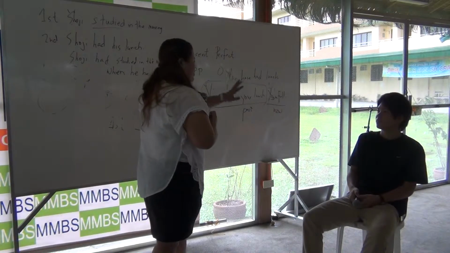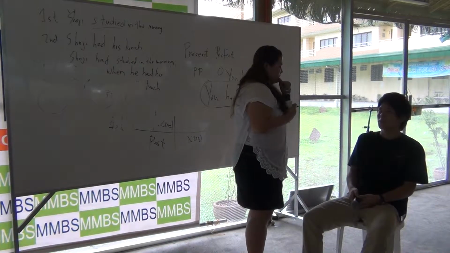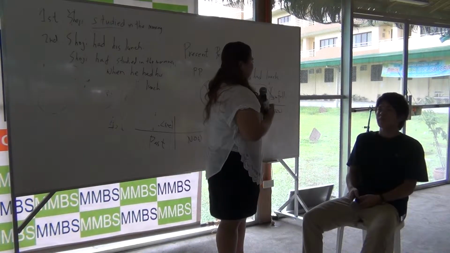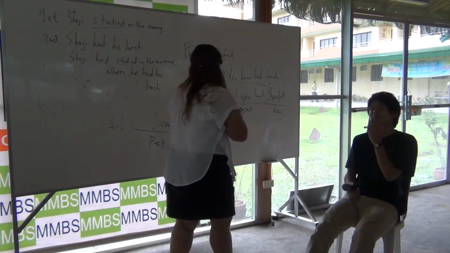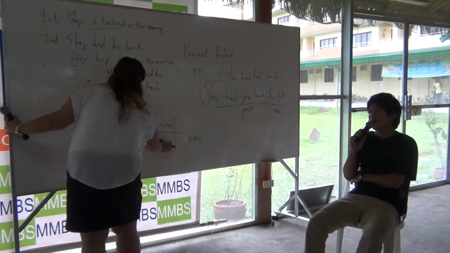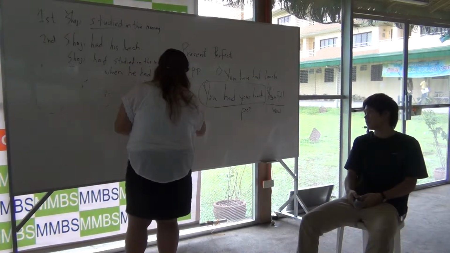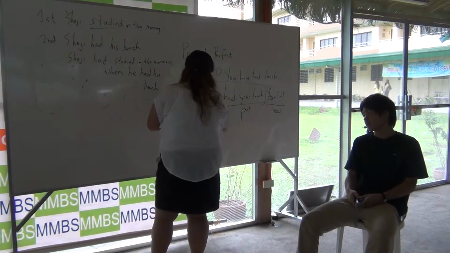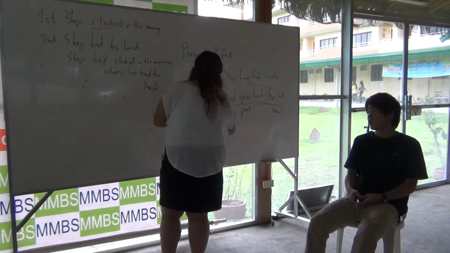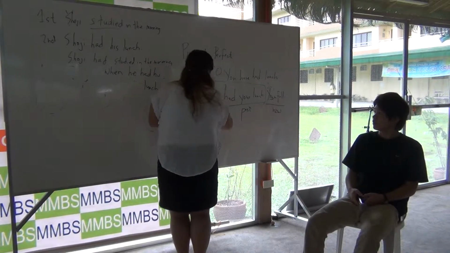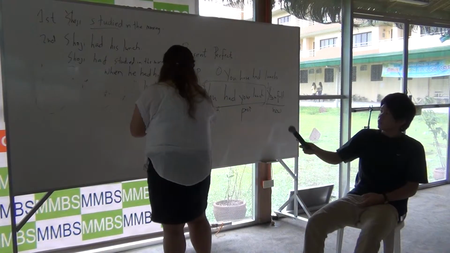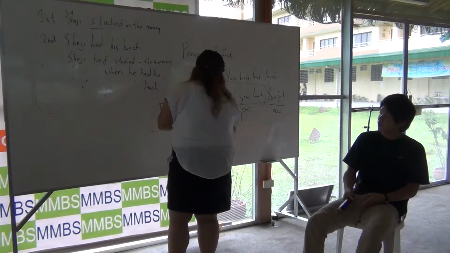Alright? Now, I want to ask you some questions. Before you slept last night, what had you done first? Before you went to bed? I brushed my teeth. Yes. Now, Shoji, after this action, what did you do? I went to bed.